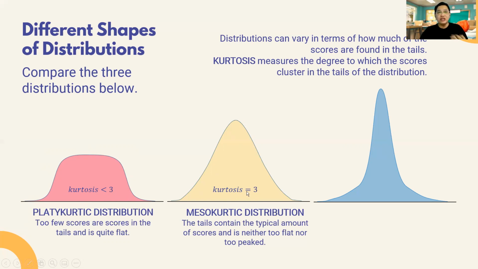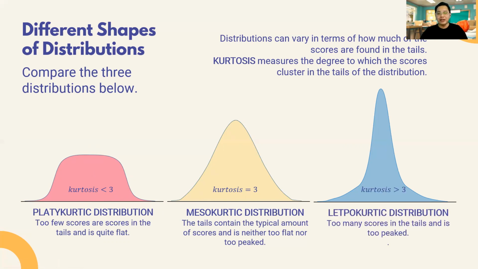So there is an objective way to determine whether a distribution is mesokurtic or platykurtic, or if it's the third one, which we call leptokurtic. So whenever there are too many scores in the tails, or another way of looking at it is if the peak of the distribution is too sharp compared to the typical, then we say that the distribution is called leptokurtic. All right.